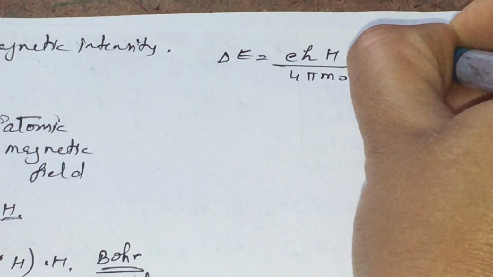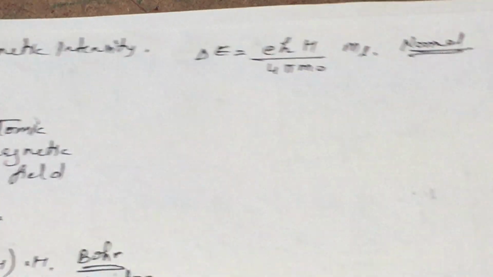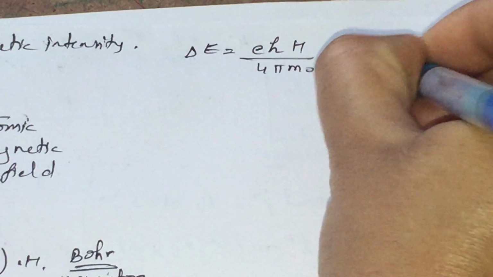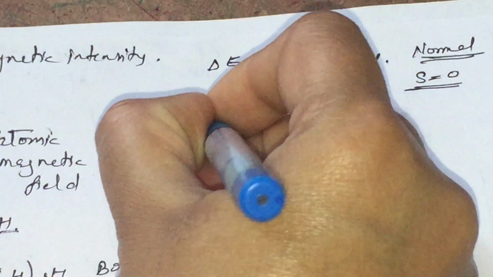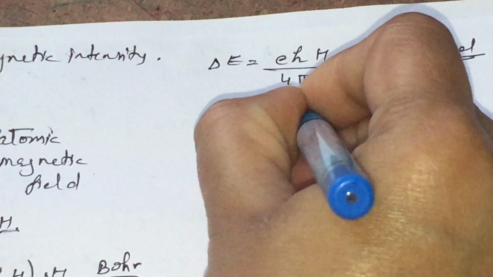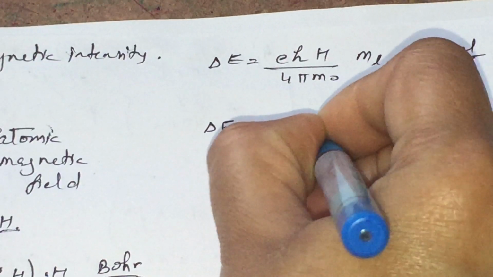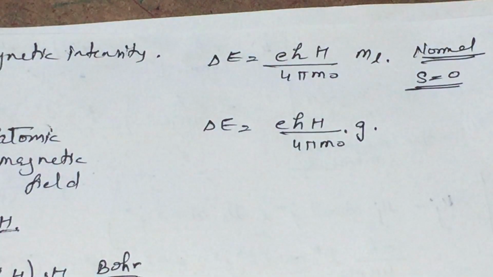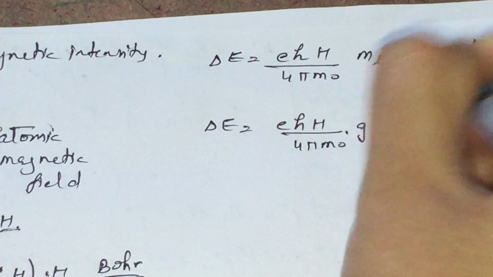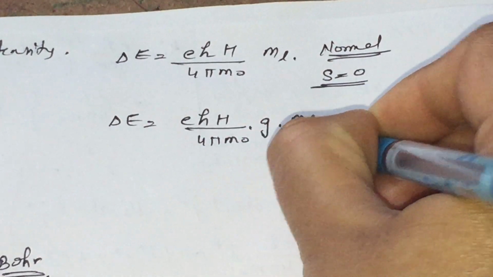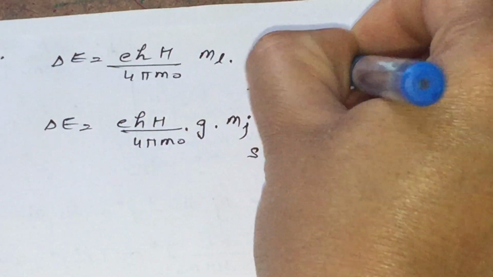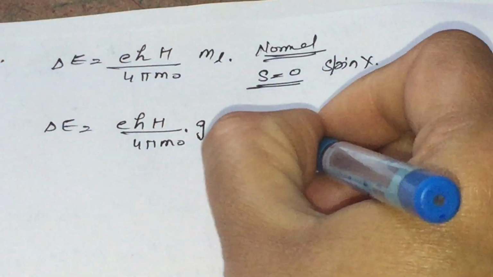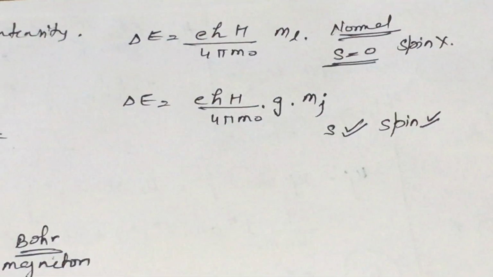This happens in the case of normal Zeeman effect, where we have considered s is equal to 0, and in anomalous Zeeman effect we have an extra term g, that is the Lande factor, multiplied with mj, because here we have considered the spin motion also. In the normal case we neglected the spin motion, and here we are considering the spin motion.